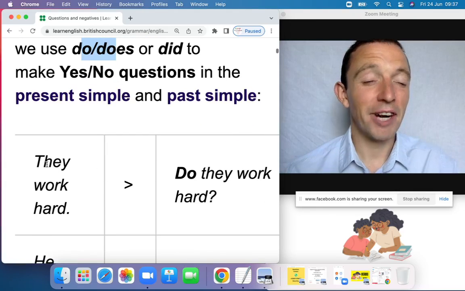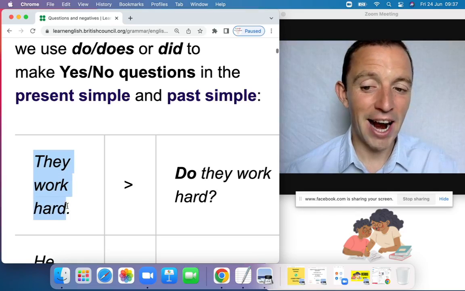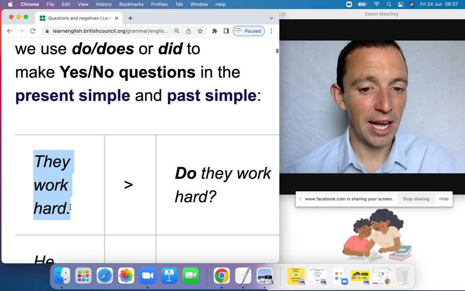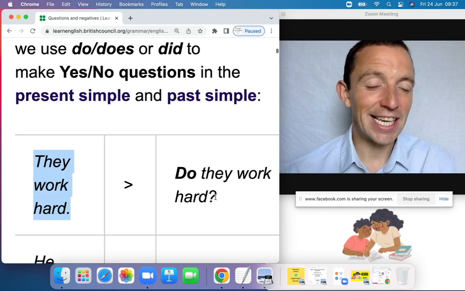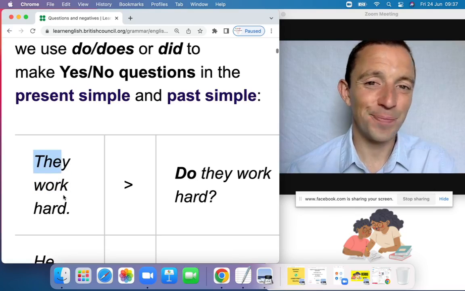For example, the affirmative: they is the subject, work is the verb, hard is the adverb. They work hard, that is the affirmative. And to create the yes/no question, normally we change the position of work and the subject. Work they hard?